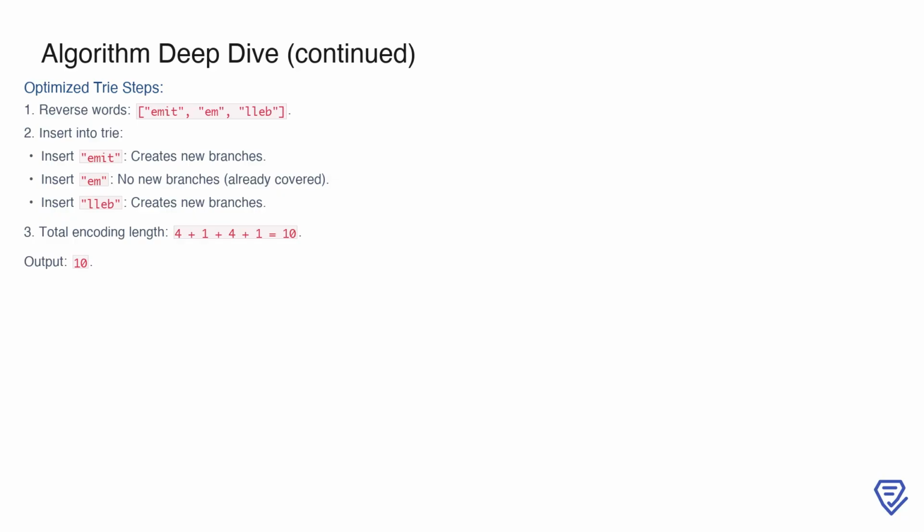Finally, inserting leb creates new branches in the tree. The total encoding length is calculated as the sum of the lengths of the unique paths in the tree, plus 1 for each hashtag character. This results in 4 plus 1 plus 4 plus 1 equals 10. The output matches the brute force result, but the tree approach achieves this more efficiently by avoiding redundant computations.